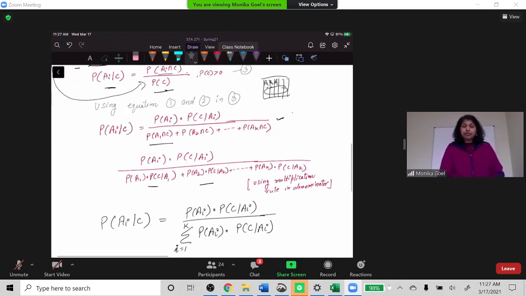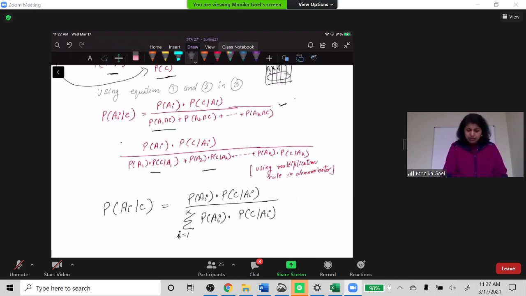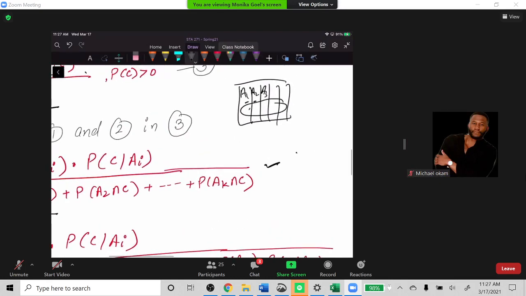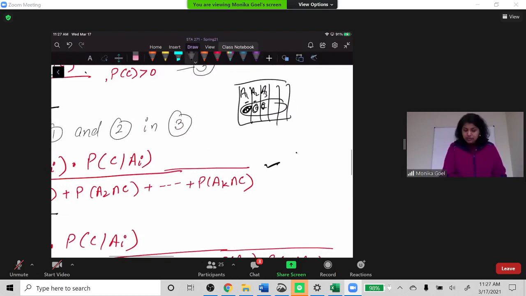So finally, the Bayes rule for AI given C is the product of these and the summation of these. So the denominator is not just the individual probability. Now it is the sum of all the probabilities of the intersections.